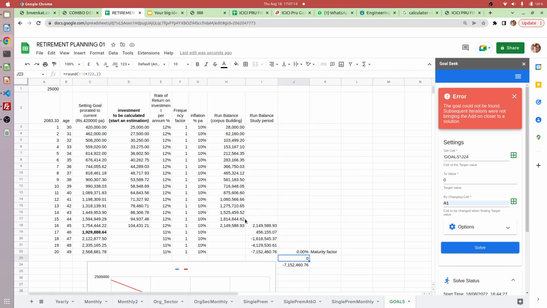Maturity will be equal to the corpus multiplied by the maturity factor, comma 2 decimal places. Here is the formula: the previous corpus multiplied by the maturity factor, that is 0 itself.